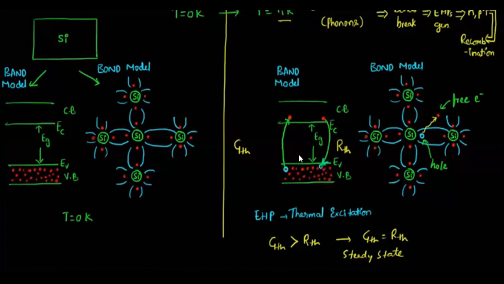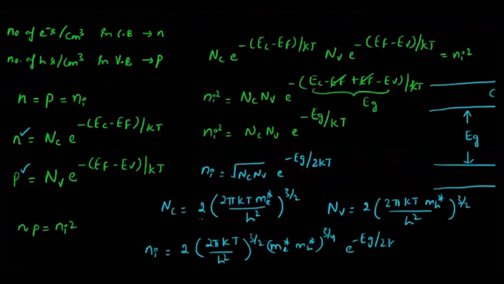That will be your equilibrium. So that is the case when you keep on increasing temperature. It's not that all the free electrons will shift to the conduction band. Now this is for some people who might be interested in the equations.